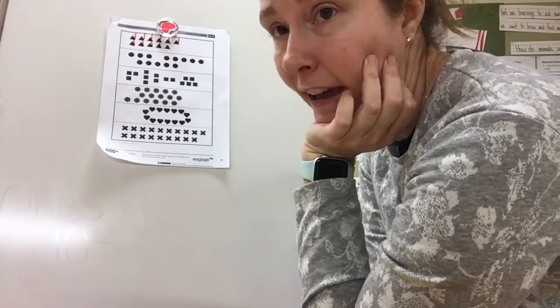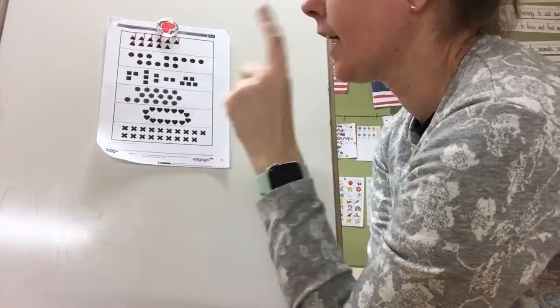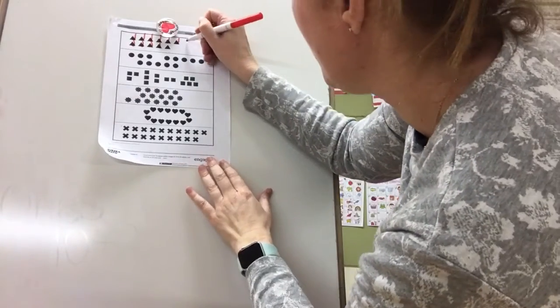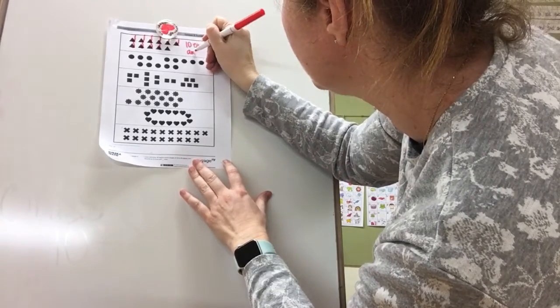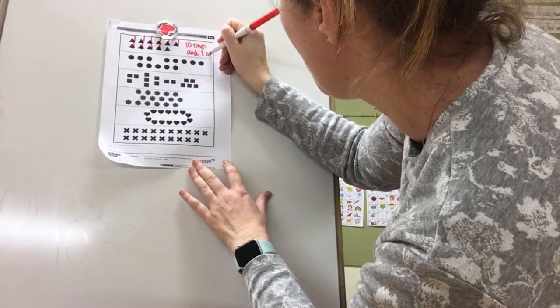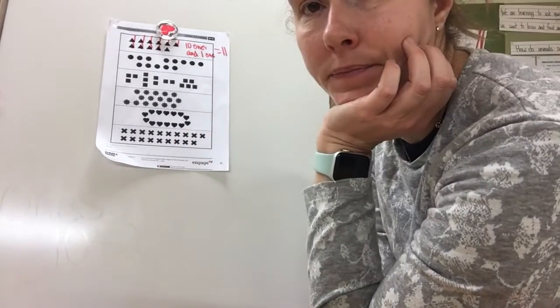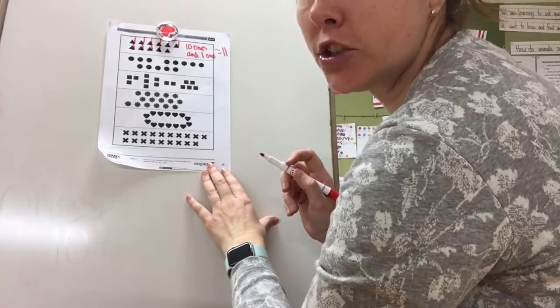How many is that together? Let's say the sentence. I have 10 ones and 1 one. 10 ones and 1 one. What's that equal? 11. Great, let's try the next one. Now this time I'm going to make a circle, like a group.